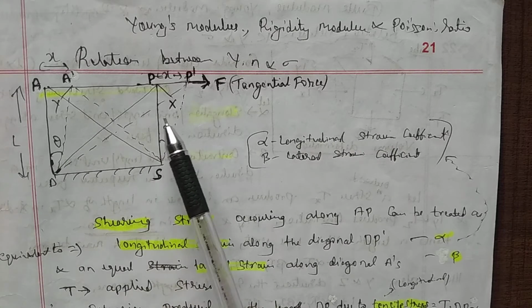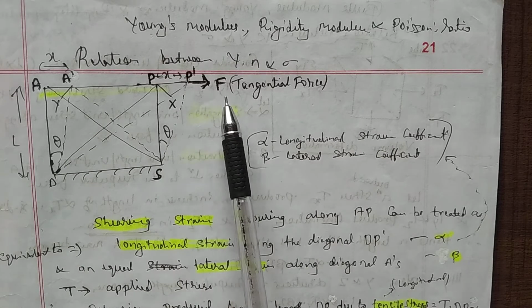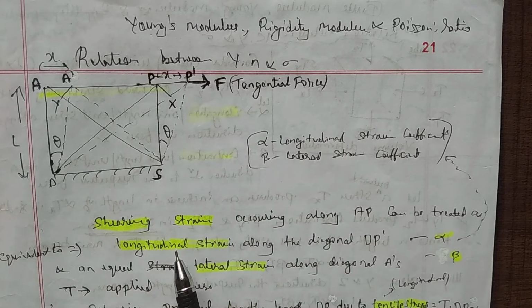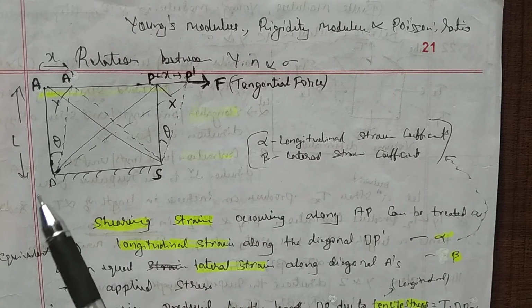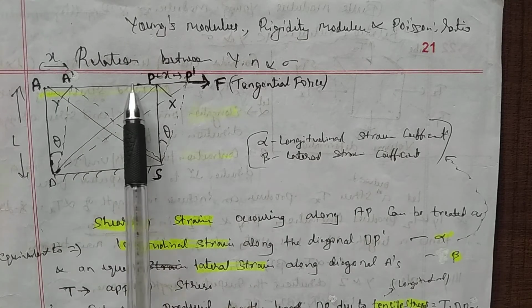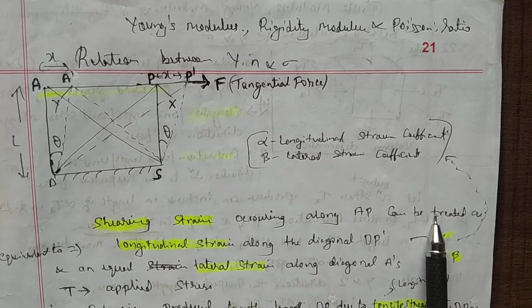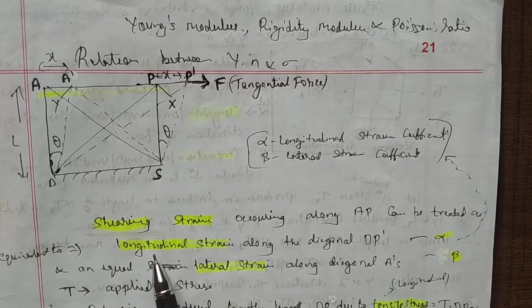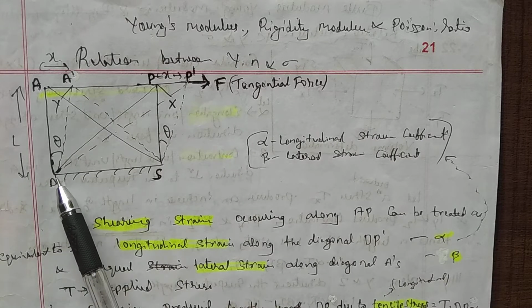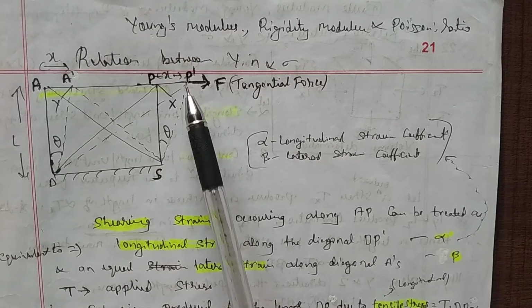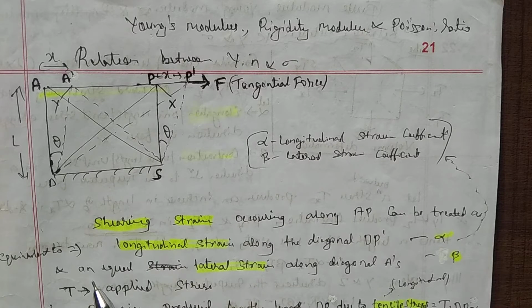Now to continue, when we apply the tangential force, the shearing strain occurring along AP due to this tangential force can be resolved into two components. The first one is the longitudinal strain along diagonal DP dash, which is denoted by alpha.